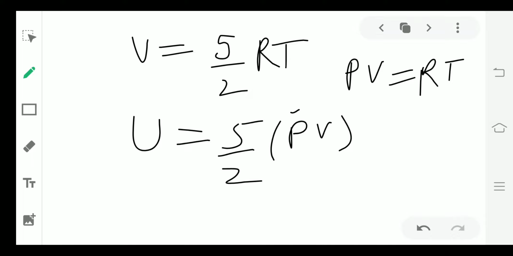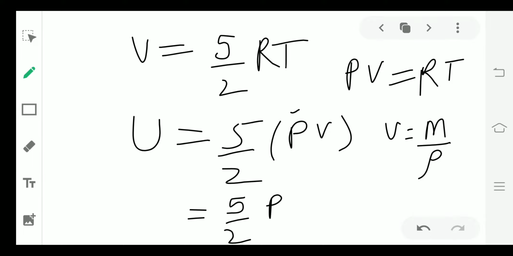Pressure is given, mass and density are given. So we all know that density is mass upon volume, or volume is equal to mass upon density. So we will write U as 5 by 2 pressure into mass upon density.